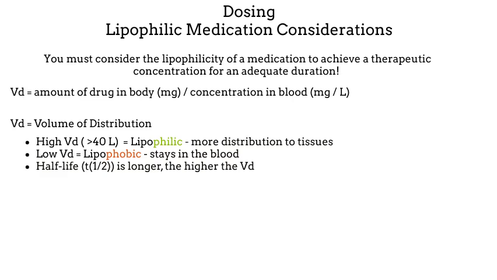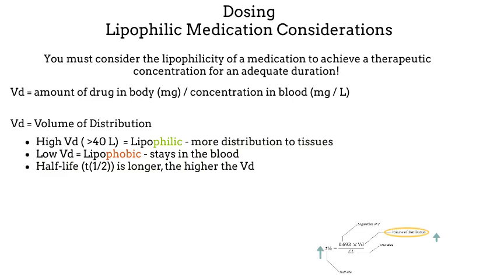If we look at the equation to calculate half-life, all things being equal, as the volume of distribution increases, so does the half-life. Medications with a high volume of distribution will have a long half-life, and these medications will stay in your system for a long period of time.